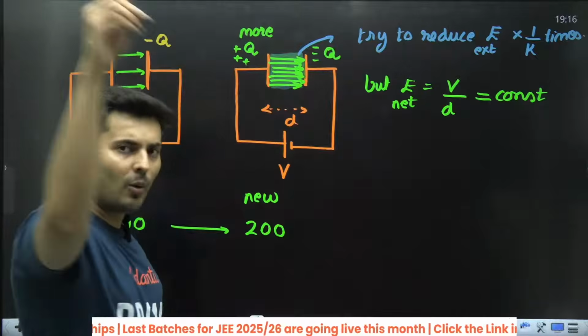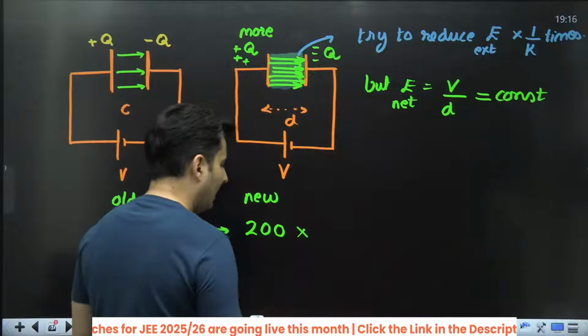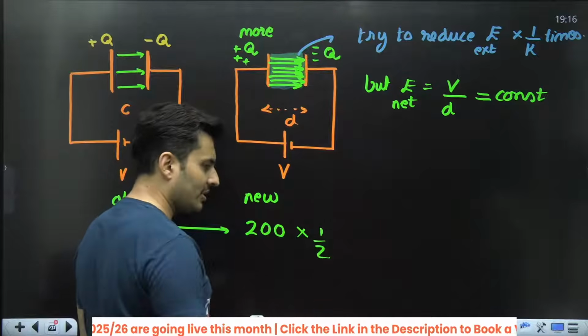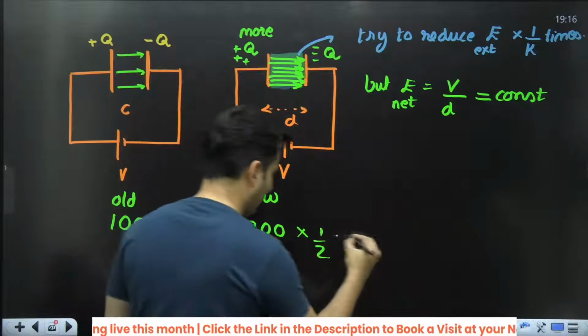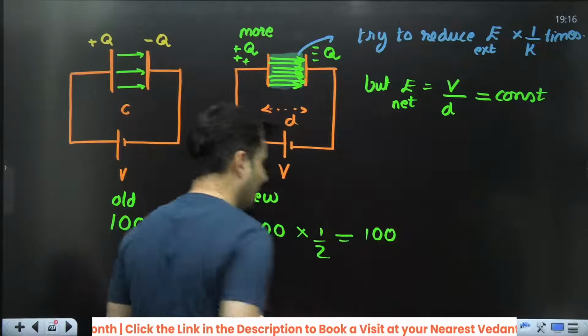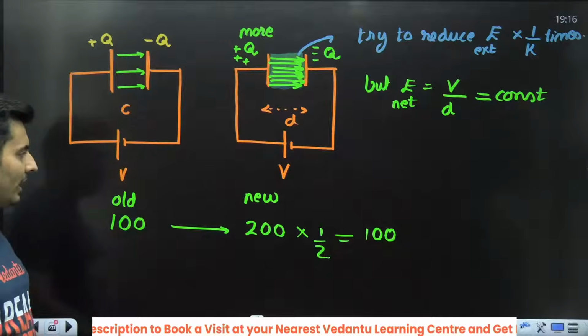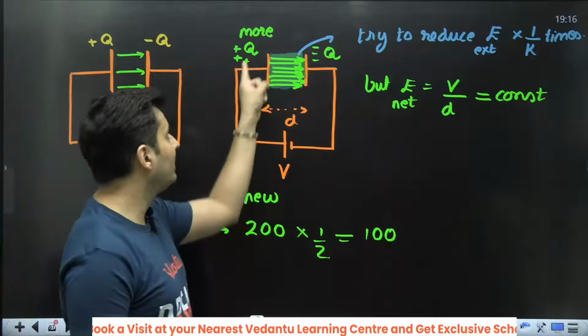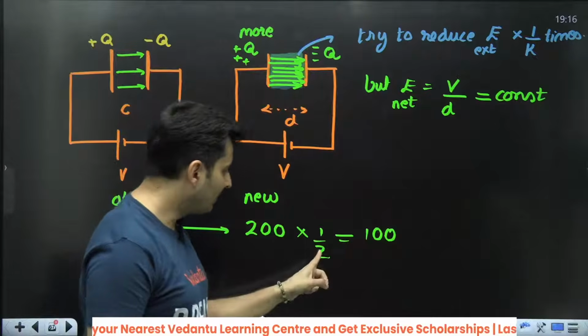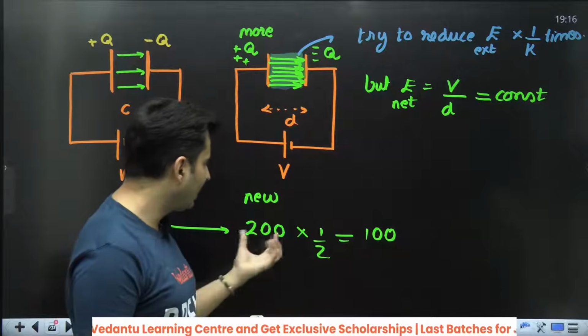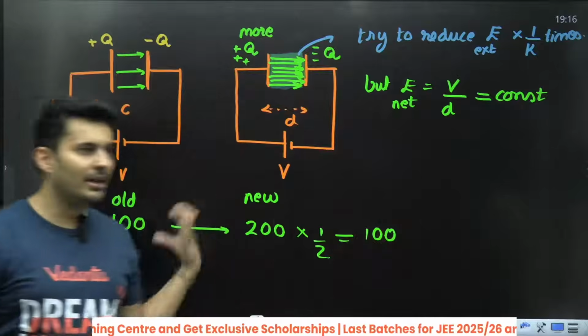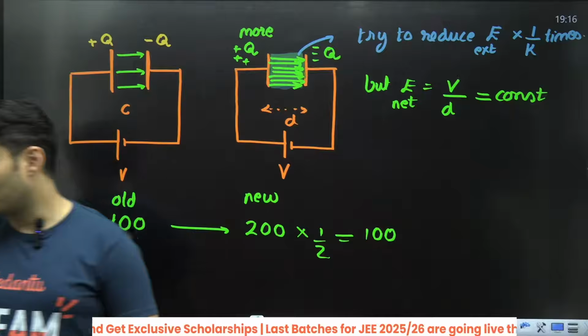But I will allow only half of the laddus to be eaten by you. So finally, you will end up eating 100 laddus only. So this 100 is the old electric field. The new electric field is because of extra charge, but this number 2 is because of the dielectric, and you end up getting the same electric field as before. That is what it is.